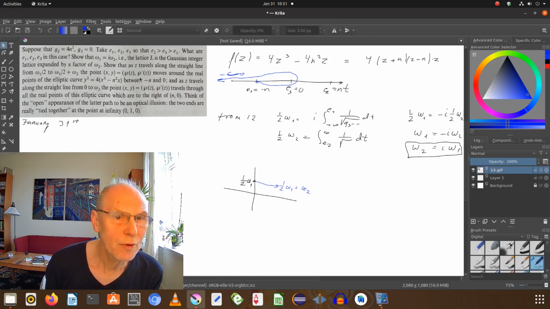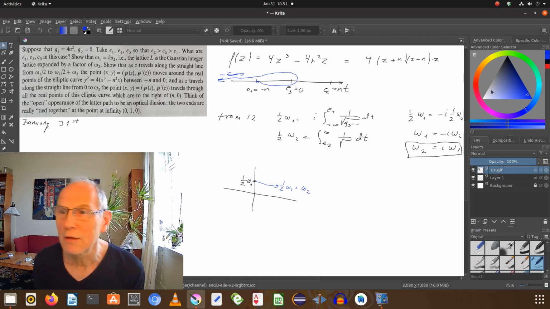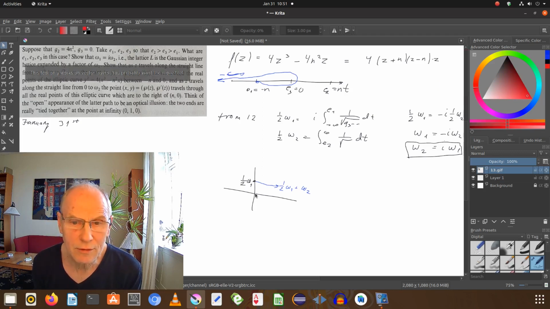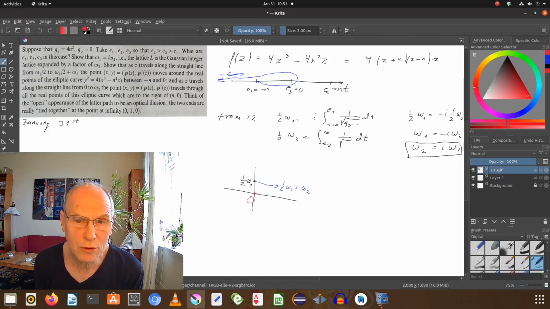Now, was that what I had to show? So, w moves around the real points of the elliptic curve between minus 1 and unity, and z travels along the straight line. And as it travels along the straight line, oh, that's another one from 0 to omega 2. So that's a red guy here. So we go from 0 to omega 2.